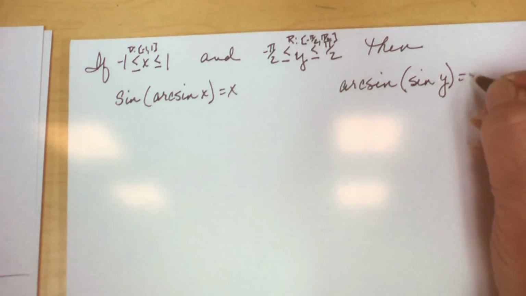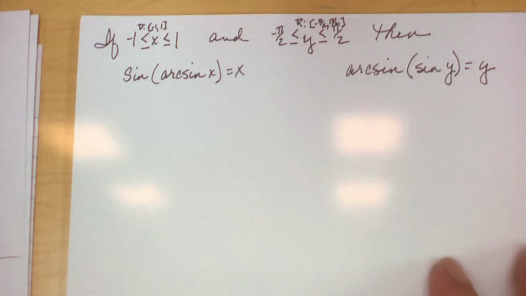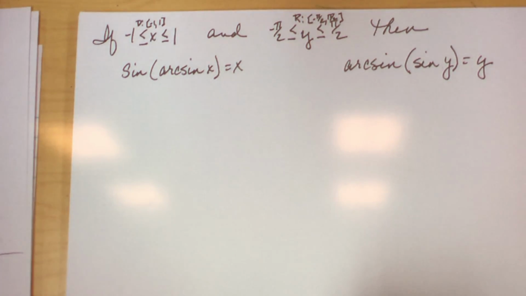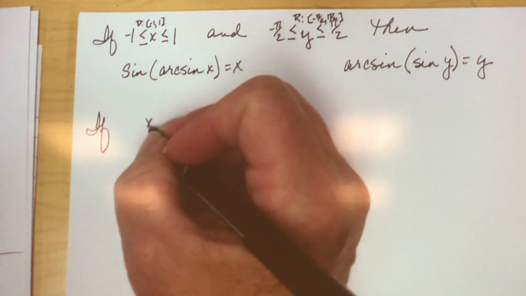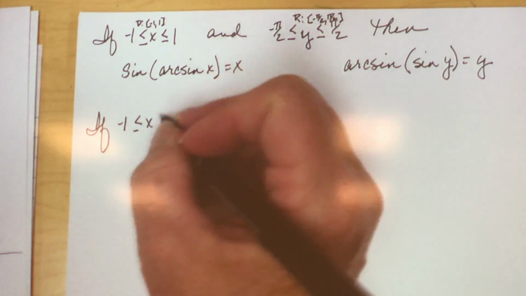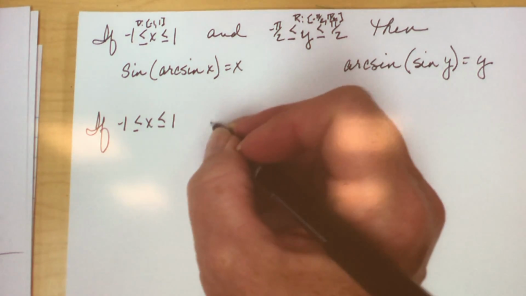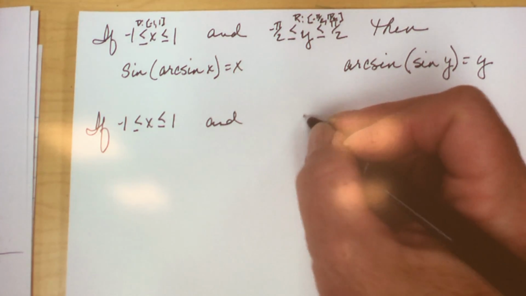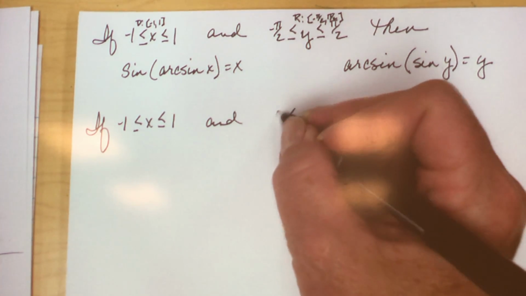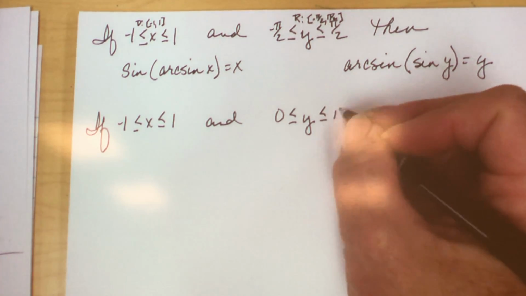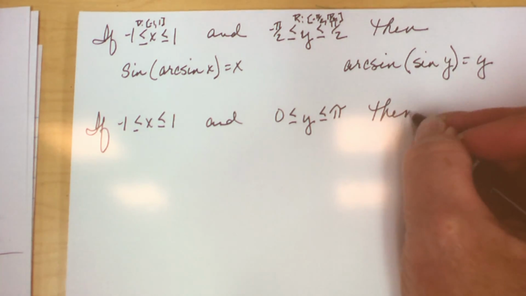So sine of arc sine of x is x, and arc sine of sine of y is y. Now let's do the next one. If x is greater than or equal to -1 and less than or equal to 1, and y is greater than or equal to 0 and less than or equal to pi, who am I talking about?